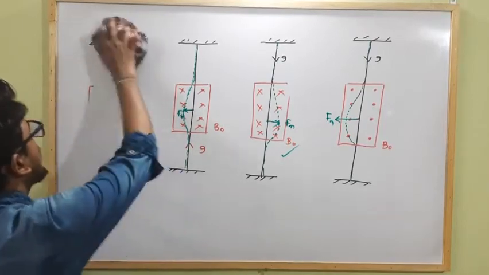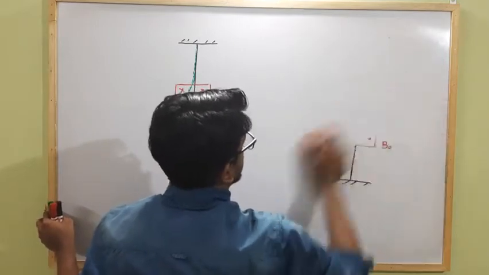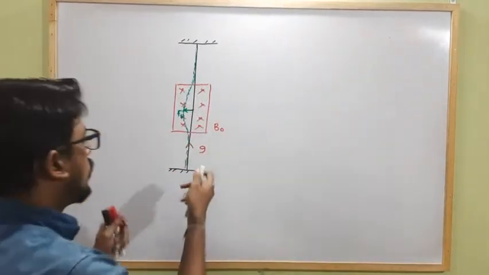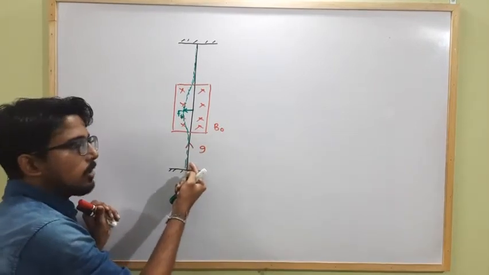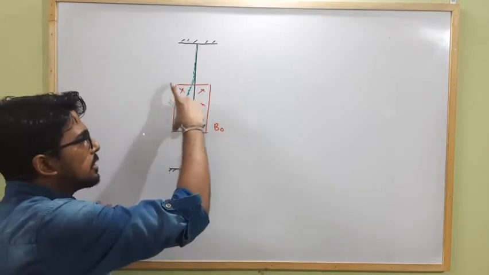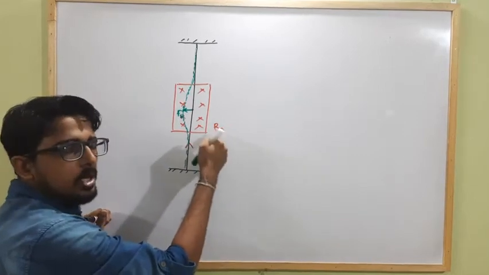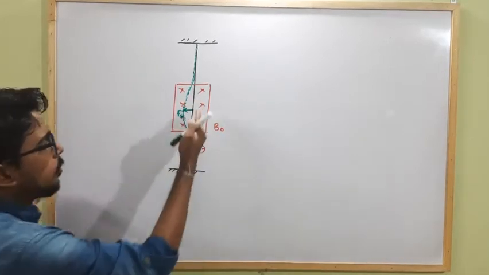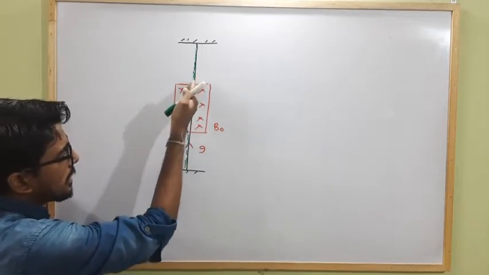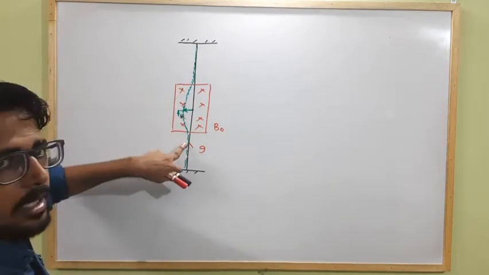Just consider one condition from this experiment. Here in this case, the current in the conductor moves along the upward direction, that is I, and here is a certain region in which an external magnetic field strength of B0 is present, acting inward, due to which the current carrying conductor experiences a force towards the left. That's why it gets bent towards the left hand side. Clear?